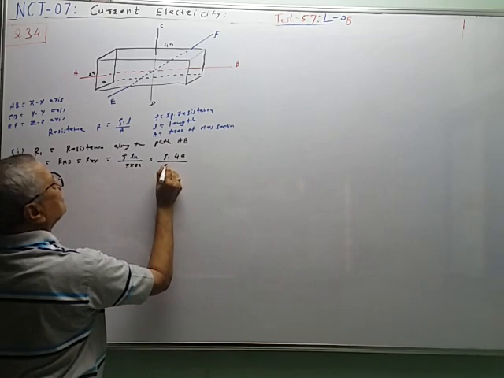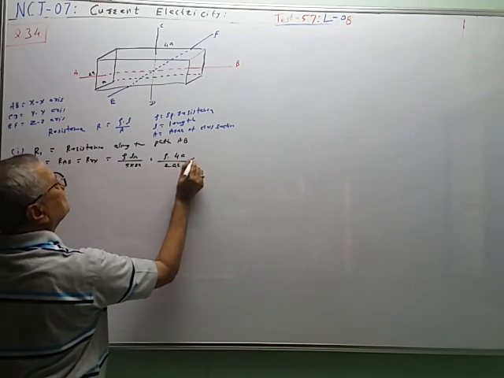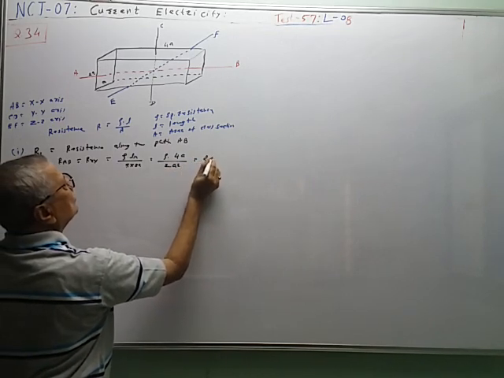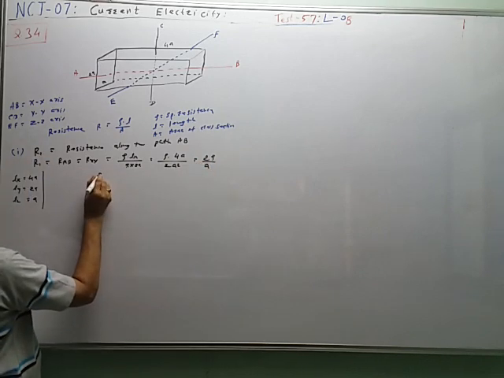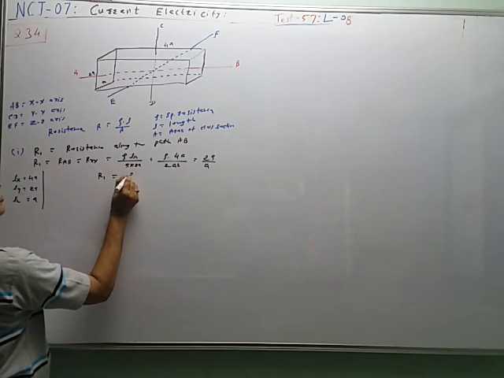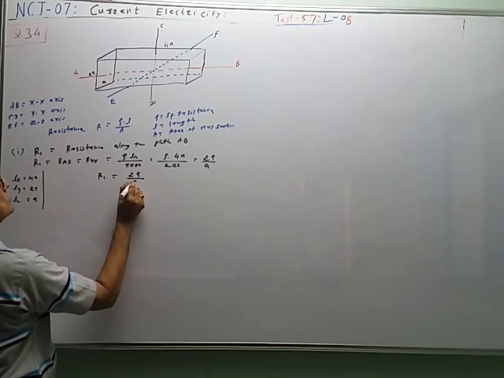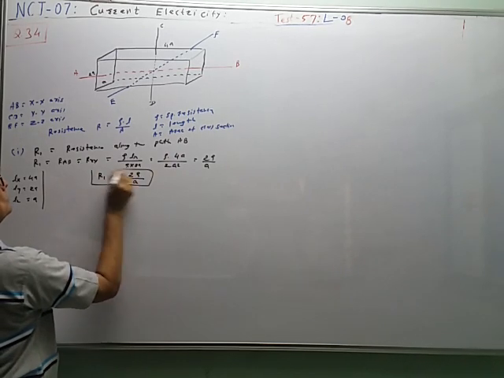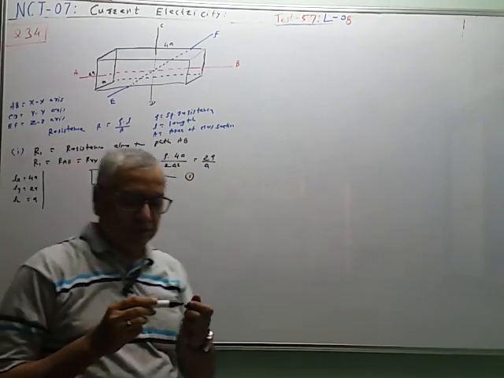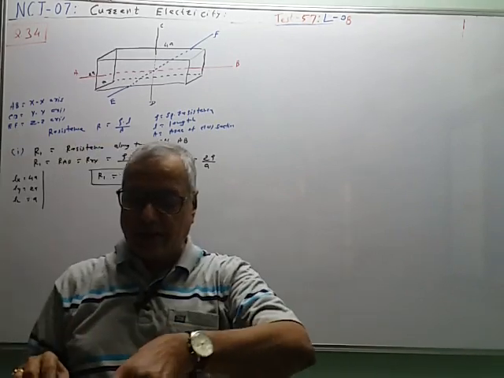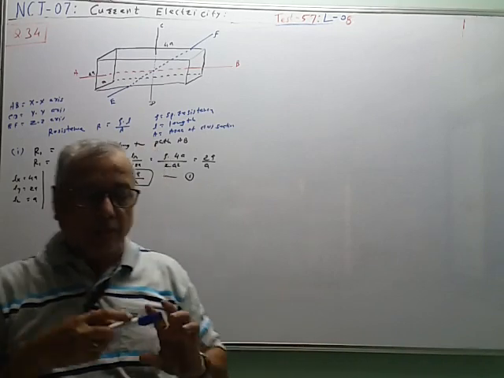So 4a upon 2a square, therefore this is equal to 2 times rho upon a. So R1 is equal to 2 rho upon a. This is equation 1. So the resistance along the x-axis of the wire is this much.